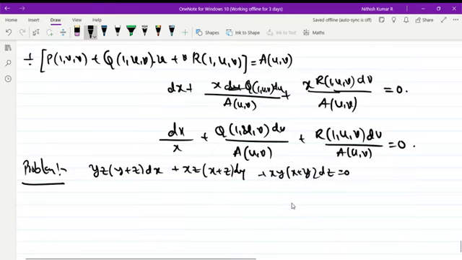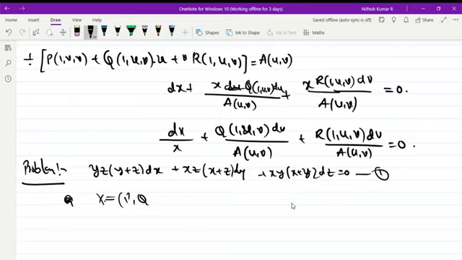Now, given the differential equation, let's name this one. To verify it is integrable, let's take X equal to P comma Q comma R, where P is nothing but yz into y plus z, Q is nothing but xz into x plus z, and R is nothing but xy into x plus y.